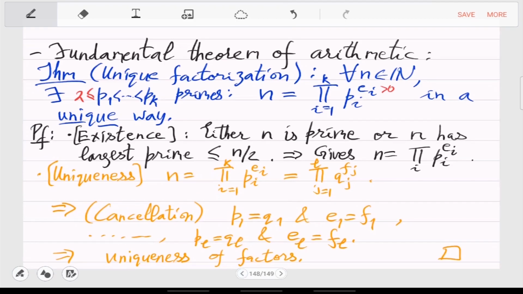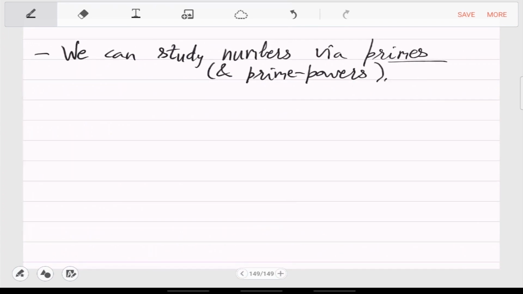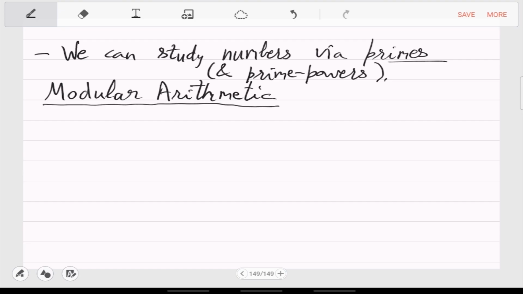So usually what happens is when you want to study number properties, you will study it via its prime factors. So that takes us to modular arithmetic. Most of the time we will avoid studying composite numbers and we'll just study prime numbers, because primes are the building blocks in this sense of all numbers.